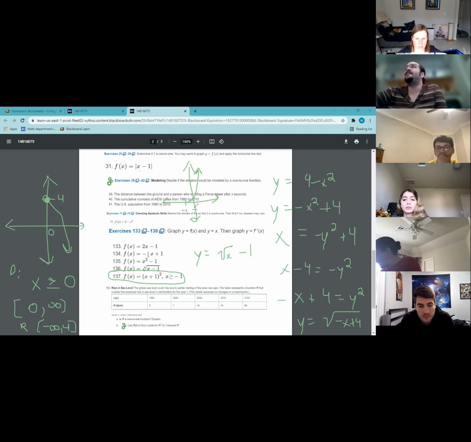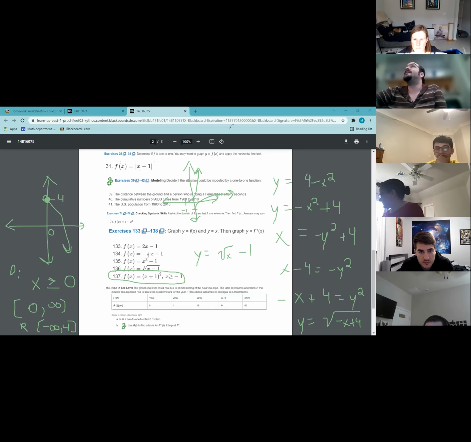This looks like that positive square root coming out, something like that. And then the other thing they ask us to graph is the y equals x line. That's basically the 45-degree line that goes down your axis. What they want you to notice is that this is reflective. When you do your inverses, it's basically a reflection about y equals x.